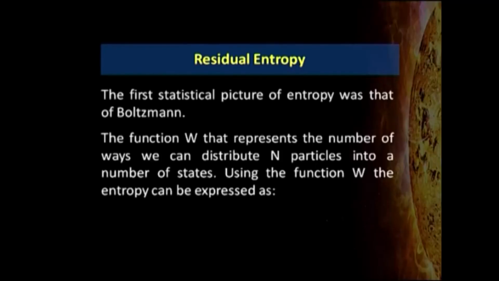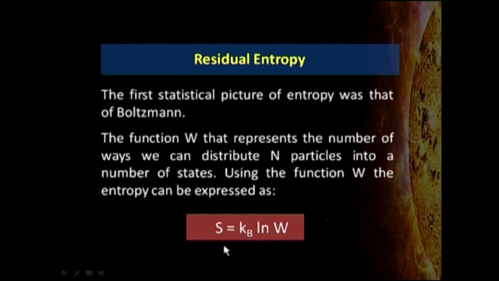The first statistical picture of entropy was that of Boltzmann. The function W represents the number of ways we can distribute n particles into a number of states. Using the function W, the entropy can be expressed as S is equal to Kb natural log W. Here Kb is Boltzmann constant.